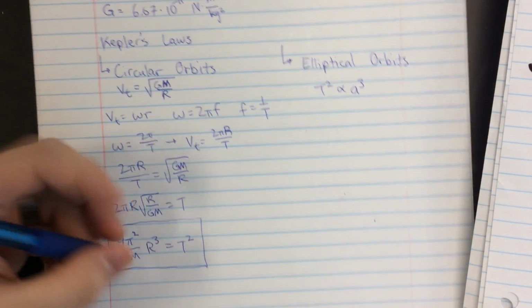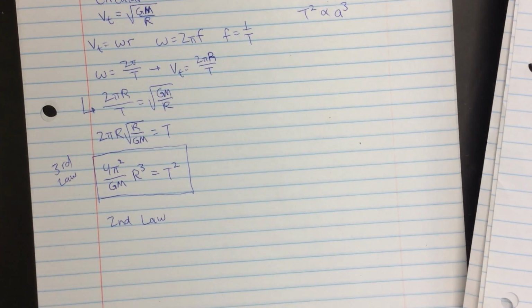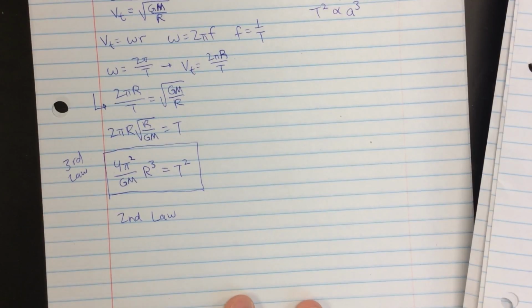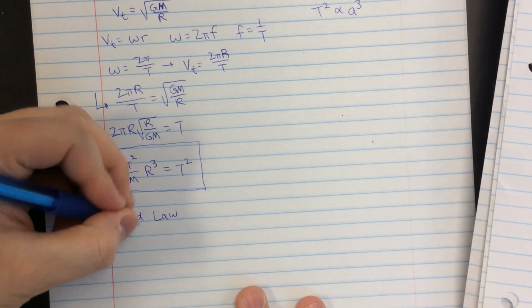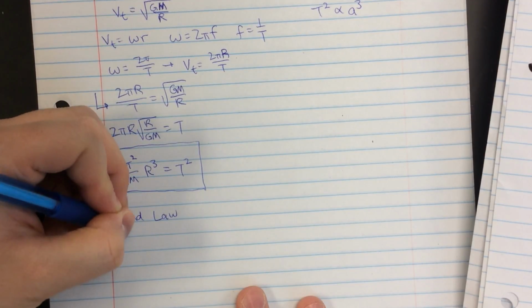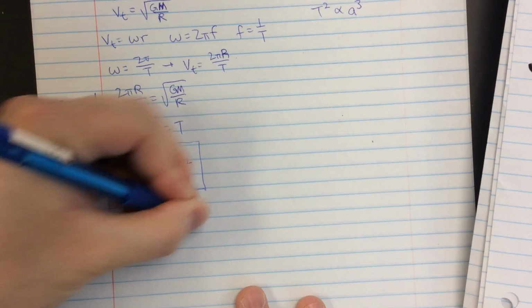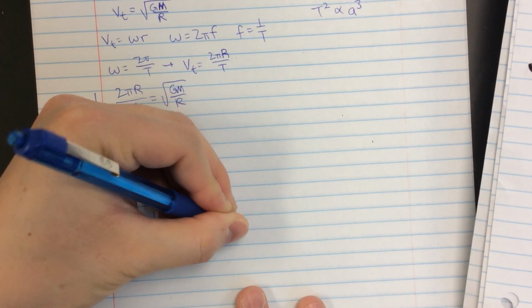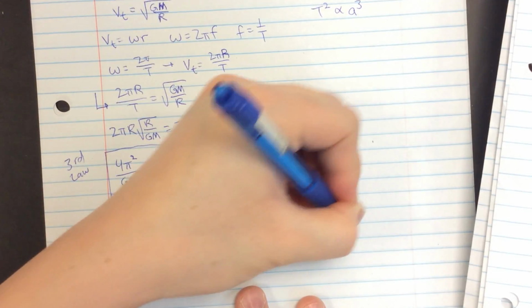And then the second law was a comment about the conservation of angular momentum. It says that a satellite sweeps equal areas in equal time.